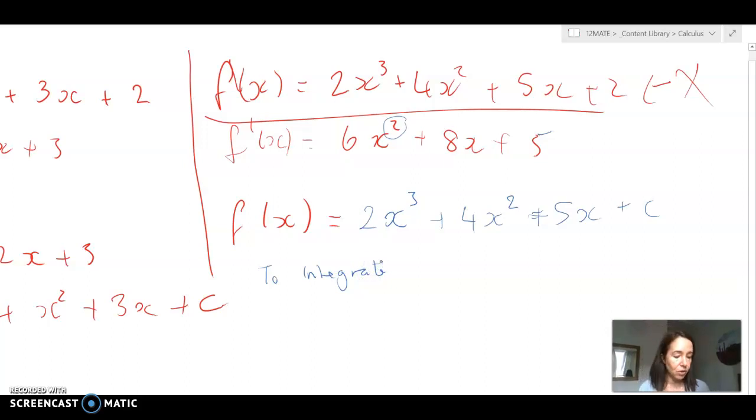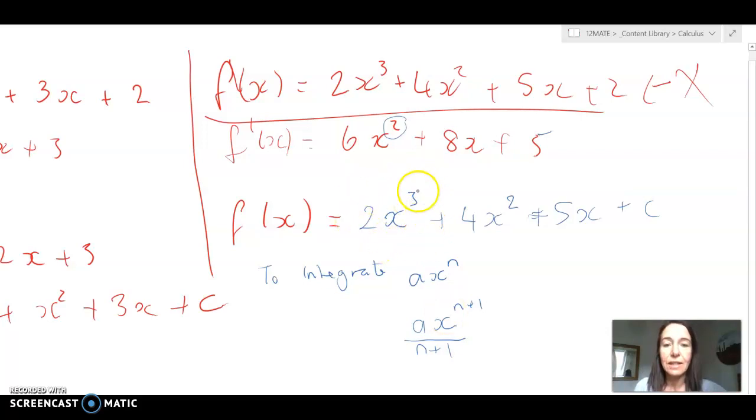If I had some a x to the power of n, I'm adding 1 to my power, and I'm dividing a by whatever that new power is, because when I differentiate I multiplied by it, so now I have to divide.